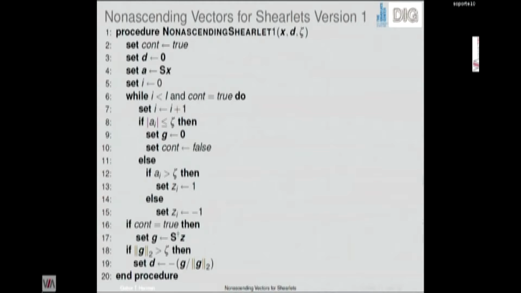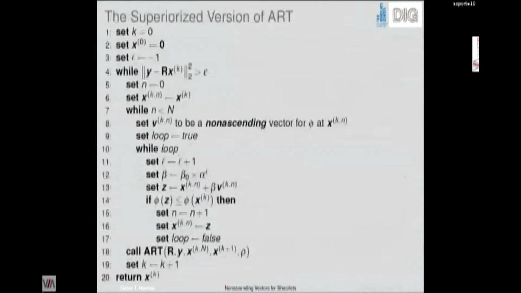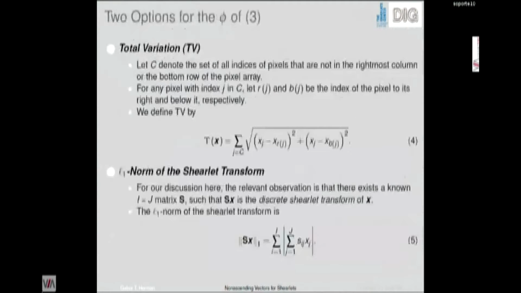So now suppose that I want to find a non-ascending vector for the Shearlet transform. So let's go back to the definition of the Shearlet transform. This was the Shearlet transform. What I need to do, roughly speaking, is find partial derivatives of this thing with respect to various components.